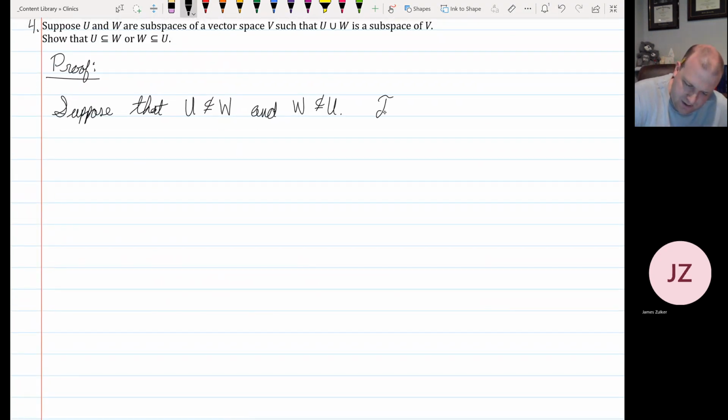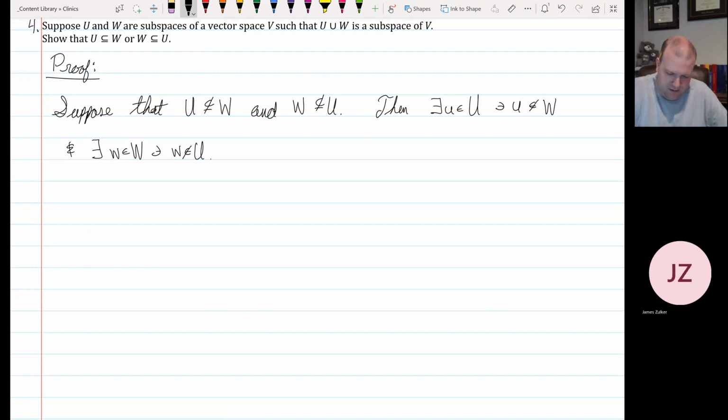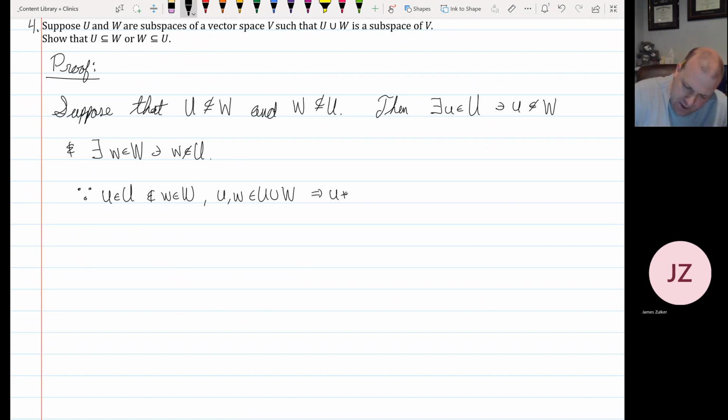So what this means is there has to exist some element U in U that is not in W, and there has to exist some W in W that is not in U. Since we know that U is in U and W is in W, we know that U and W are both in the union of U and W, which means that U plus W would have to be in their union, right?